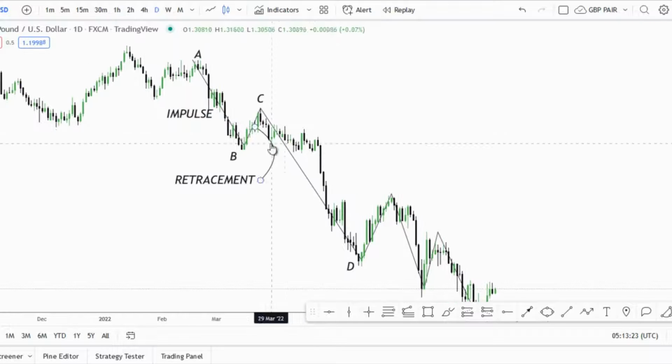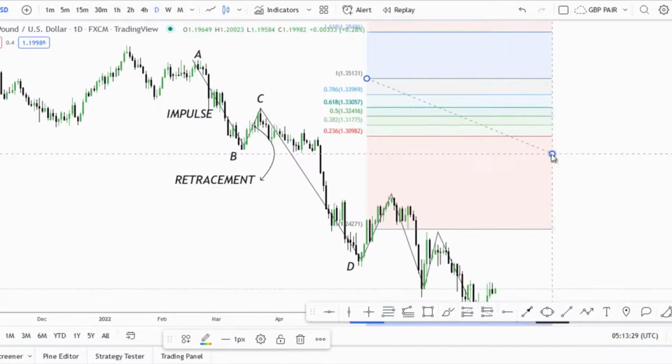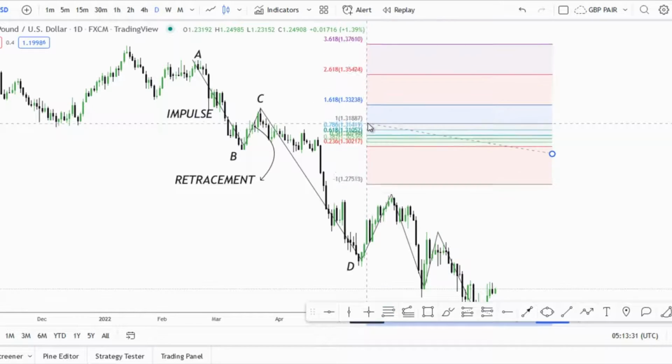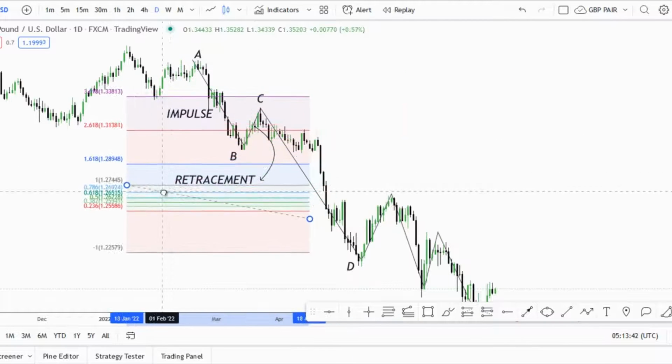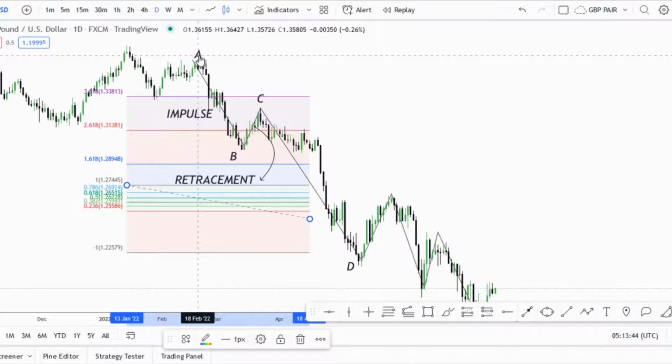Okay, so now I'll pull out our Fibonacci tool. We'll start with Fibonacci retracement, from point A to point B. We have many ratios here, but across these markets there are only about four ratios that we're actually concerned about.